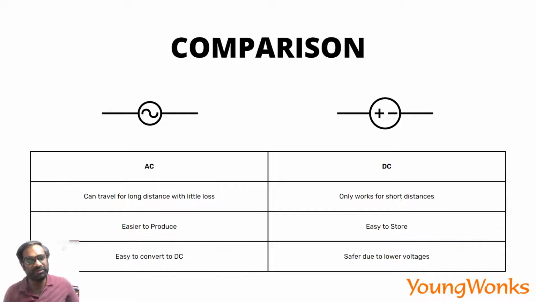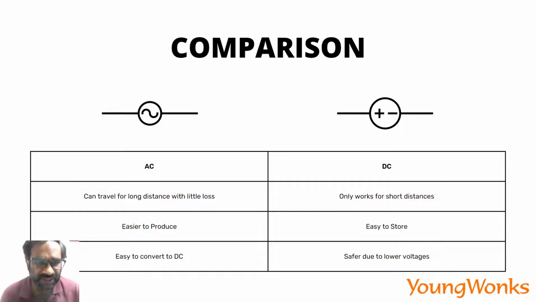They can get distributed over a grid to multiple destinations. They reach your houses, and in your house, many things work on AC, and whichever things require DC, you can convert your AC to DC and use them there. It's also easier to produce AC.